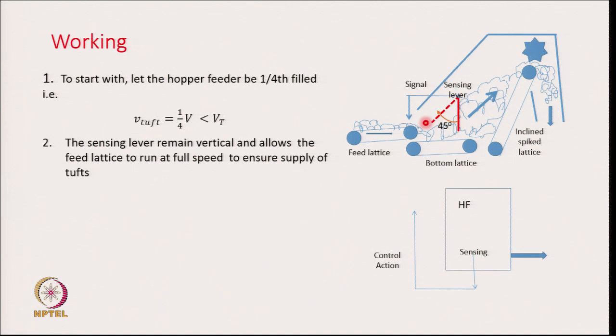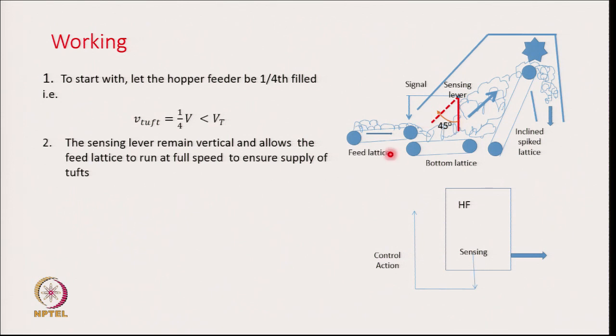So, the more material is there, the more will be the swing in the backward direction, and when the swing is around 45 degrees, it reaches its maximum limit, it comes into contact with a sensor, and that sensor is then going to stop the machine which is feeding material to the hopper feeder.